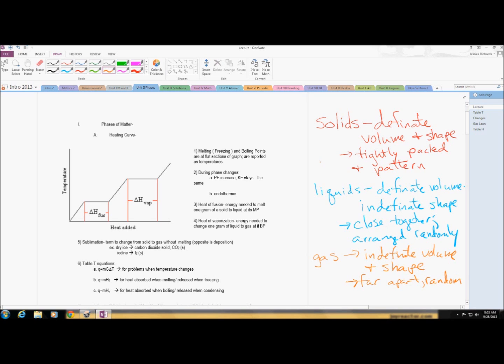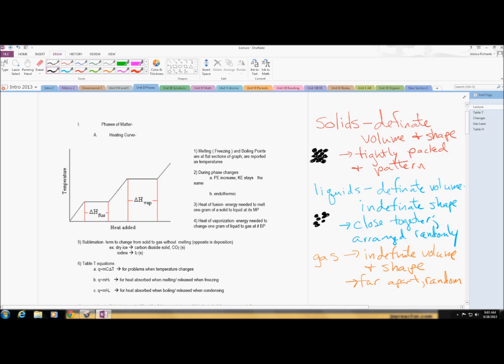This is important. The state's going to ask you to draw little diagrams. So if you had to draw a diagram of a solid, you're going to put your solid pieces close together and in a pattern. Liquids, you're going to try to draw particles that are close together, but you have to make the arrangement random. A lot of times this is hard for humans to do, to make things random.